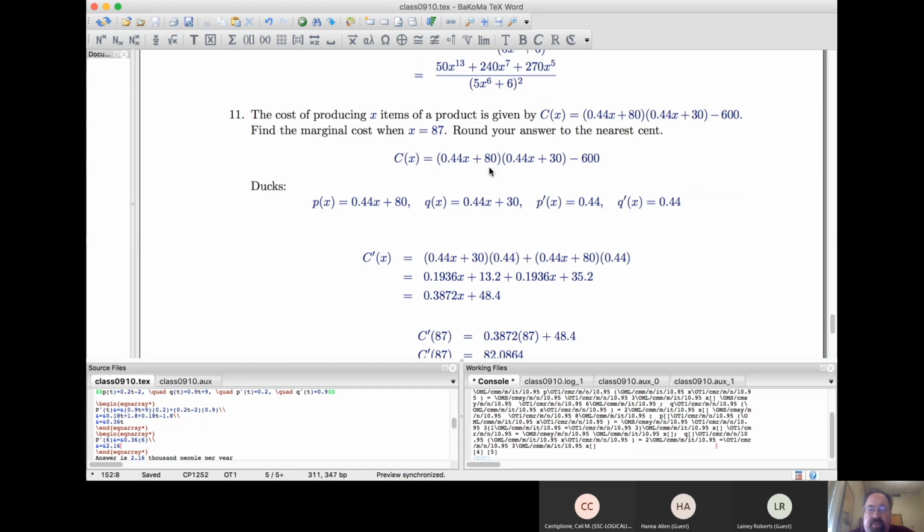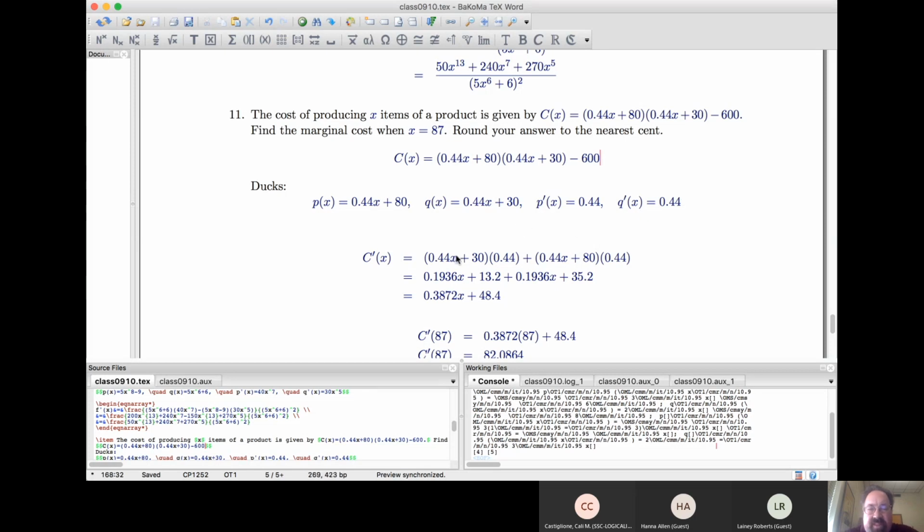When we take the derivative, this will not contribute anything, so we're going to focus on this product. So here we have, actually the two factors happen to be the same. So p, q are equal, therefore p prime and q prime are equal. So then, oh wait, sorry, they're not exactly the same. 80 here, 30 here, but the derivatives are the same.